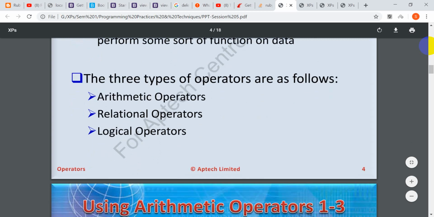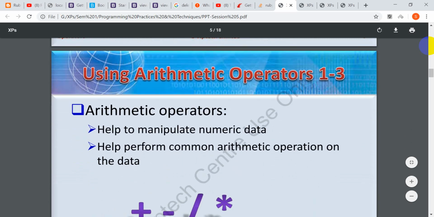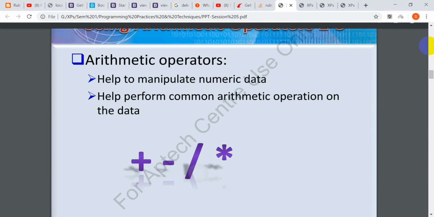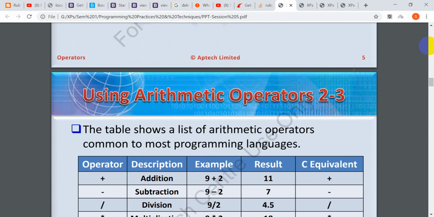So let's continue. Arithmetic operators help to manipulate numeric data. It helps to manipulate what? Numeric data, number data. It helps to perform common arithmetic operations on the data. Examples are plus, minus, division, and multiplication.